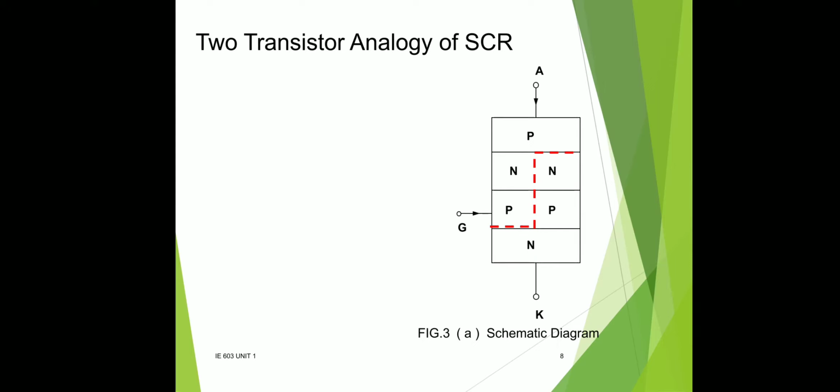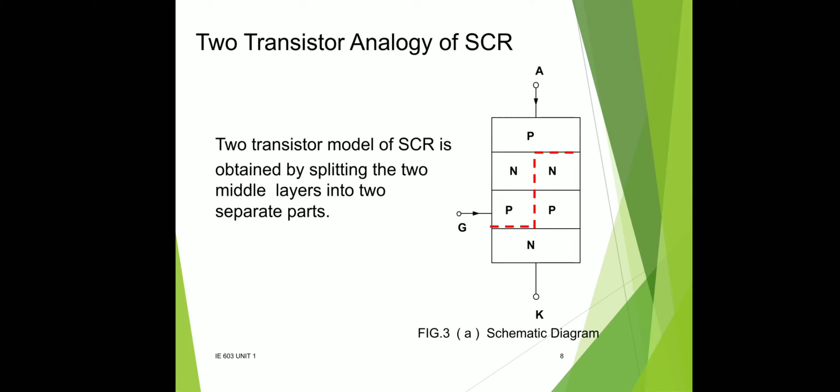See, if the middle 2 layers, that is from the top the N and P, are divided into 2 parts, you can observe there is one PNP transistor at the top, and from the bottom there is one NPN transistor.